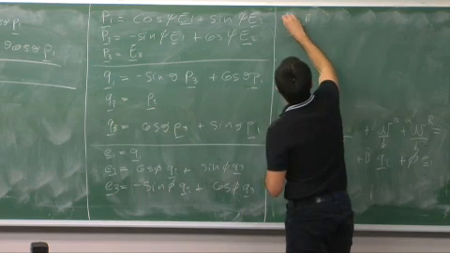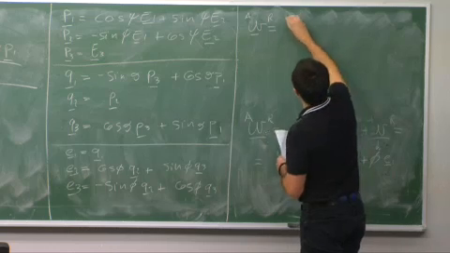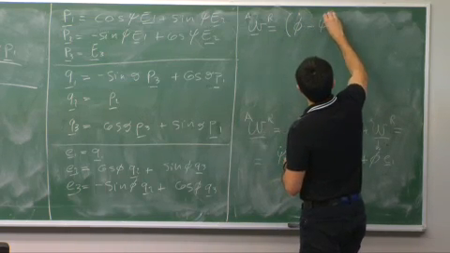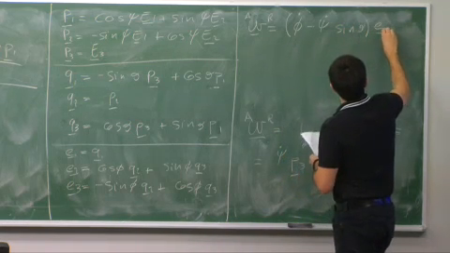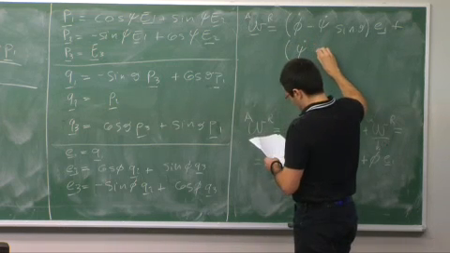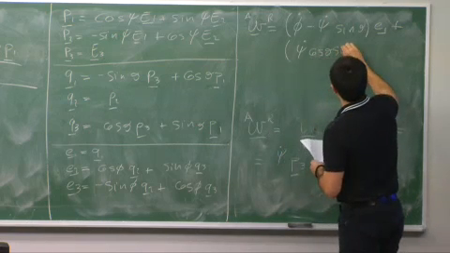Omega RA is going to be equal to, if I collect everything together, phi dot minus psi dot sine of theta, little e1. Then I have, for little e2, I'm just jumping to the final expression here.